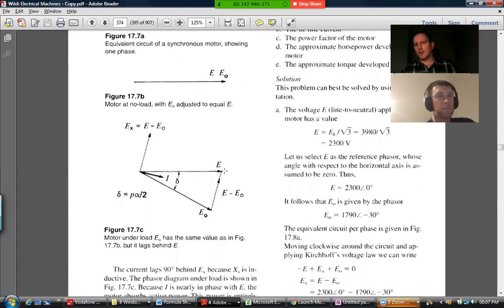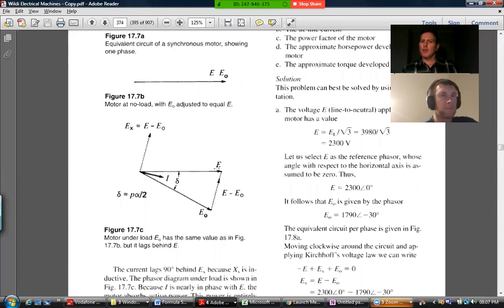So again, the thing here is dictated by this angle delta, which is in electrical degrees, which has to do with how far ahead the rotating magnetic field of the stator is of the EMF induced in the stator by the rotor.